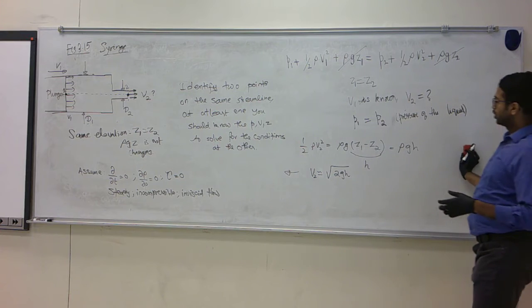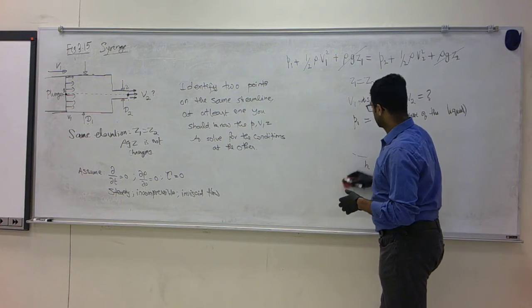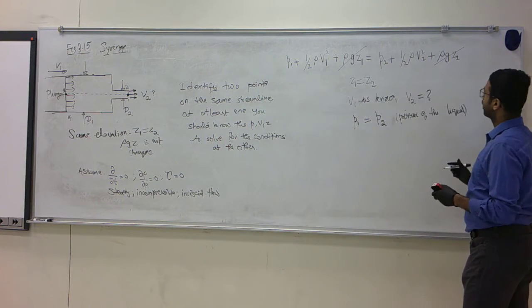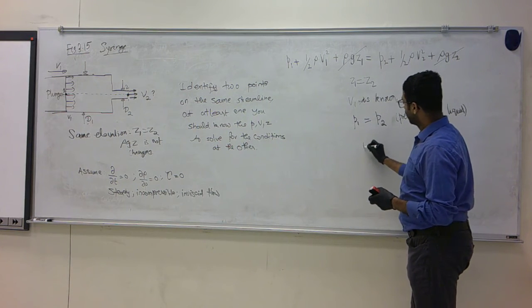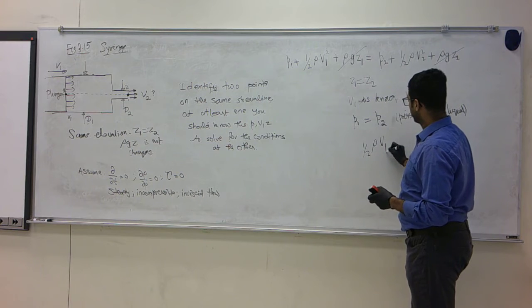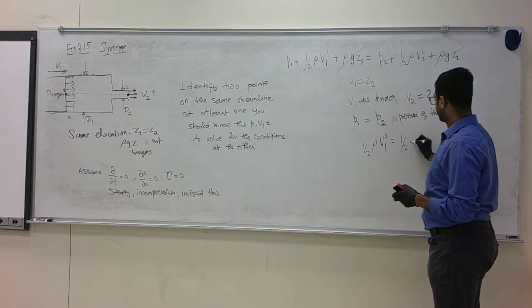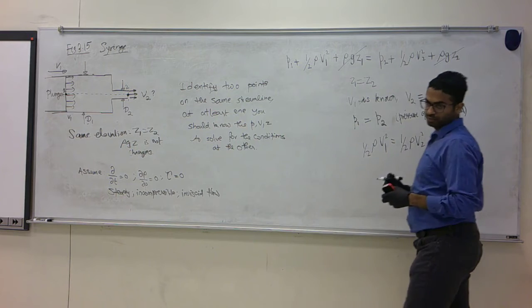Okay. So with these assumptions, half rho V1 squared equals half rho V2 squared.